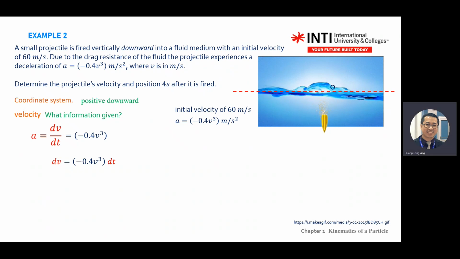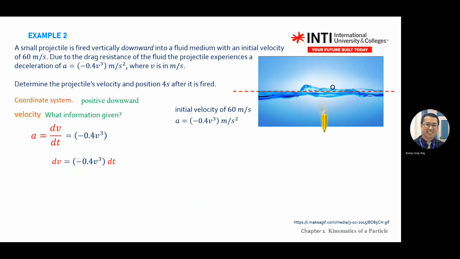This one is A. dv equal to A dt. Your A is this one, right? So you just substitute this one in. Because your A is this one, you just move this one to here.